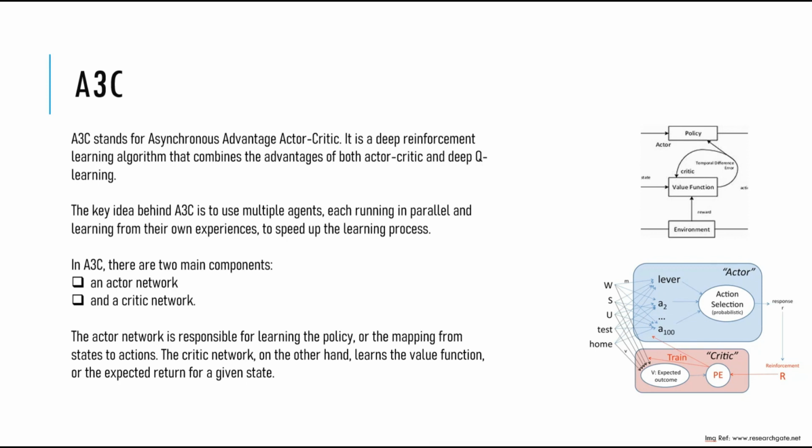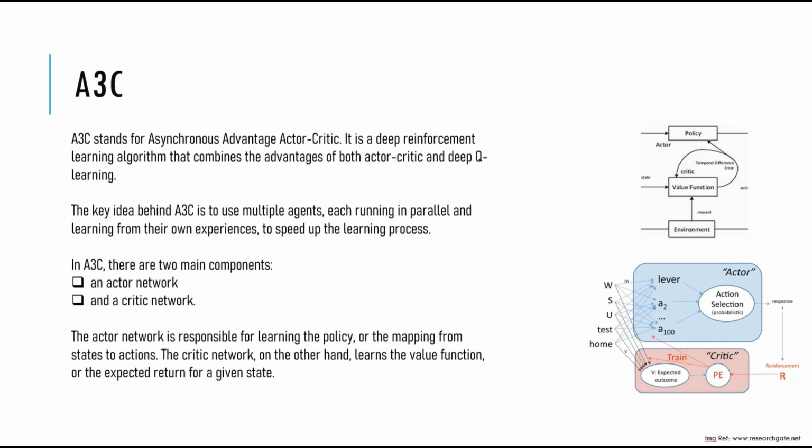Now A3C, or asynchronous advantage actor critic, is a reinforcement learning algorithm that uses multiple agents running in parallel to learn a policy for a given task. It combines the benefits of both policy gradient and value based methods to provide fast and stable learning.